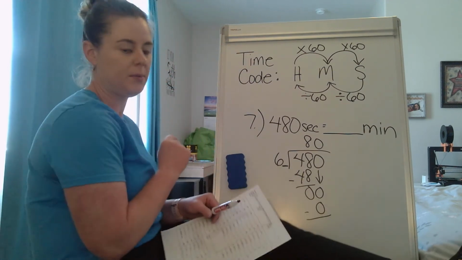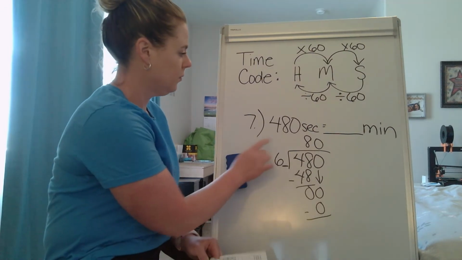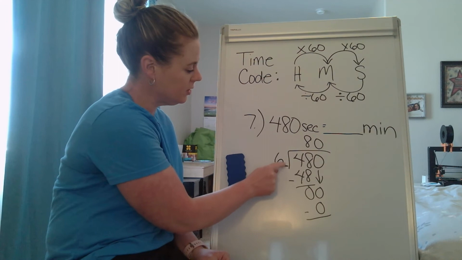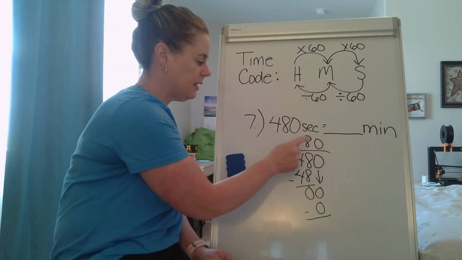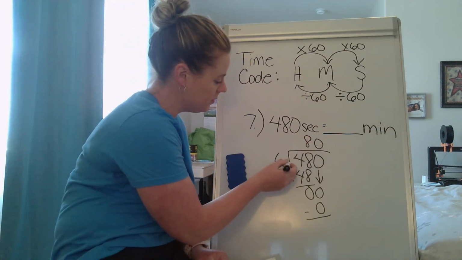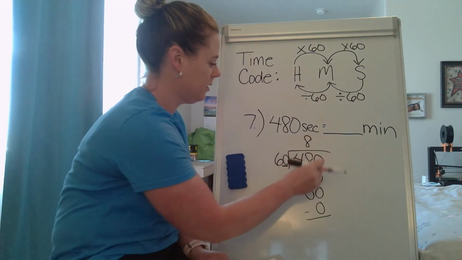Okay, my brain just got off a little bit. When we're doing this, right here, we took this 0 off. So what we're doing is taking a 0, because if we were to put this 0 back in here, we would take the 0 off here.